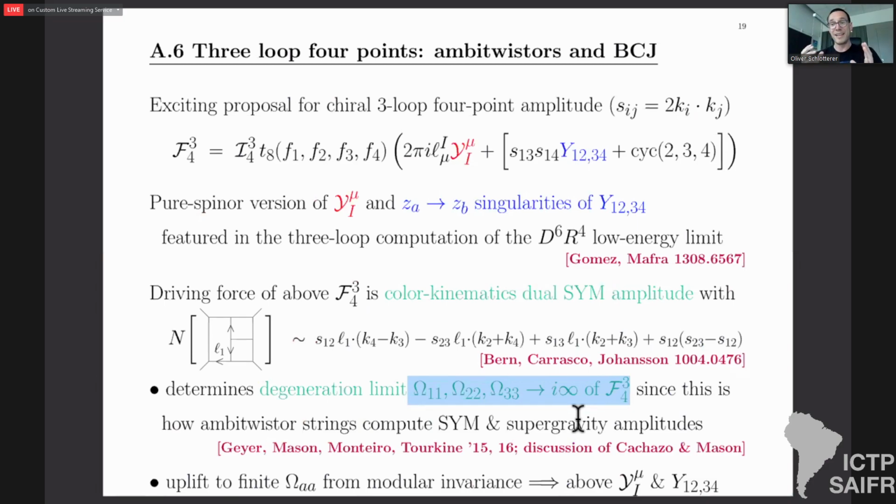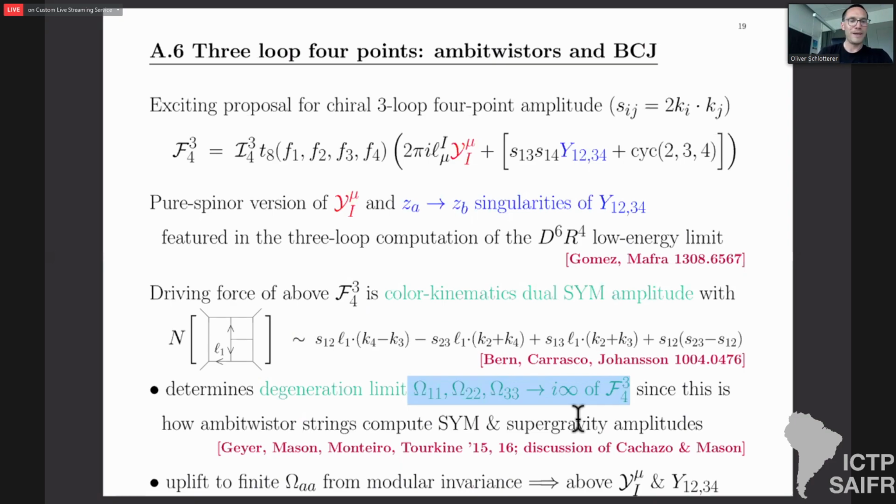So it's the nose for the right kind of modular form that allowed Yvonne and Ricardo to really go to a generic point in moduli space. Yeah, so this is a really cool example of how ambitwistor methods succeeded in giving a highly useful input for conventional strings at finite alpha prime.